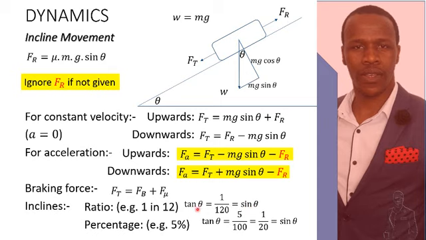So these ones are definitely equal, especially in our calculation. So for calculation purposes, if we are given the incline in terms of a ratio, we can just say it's equal to sine theta. Same goes for the percentage. You can just change that percentage into a ratio so that you can equate it to sine theta. So that's what you will do when it comes to ratios.